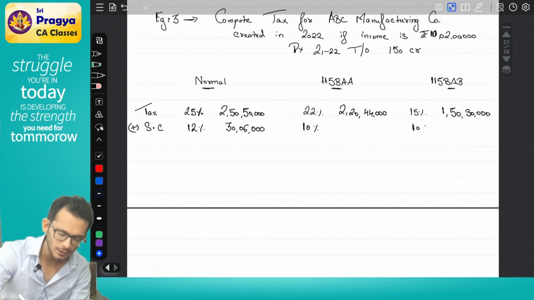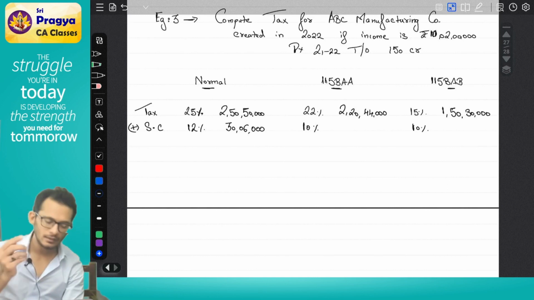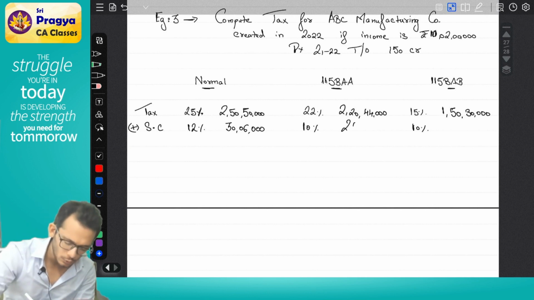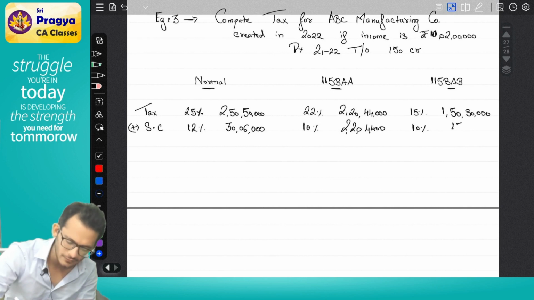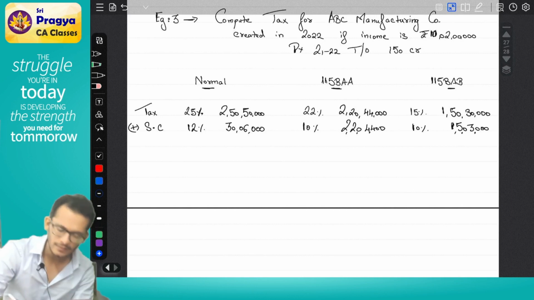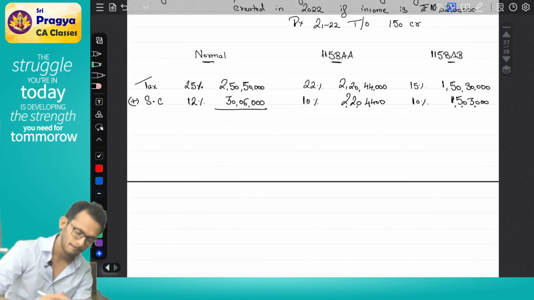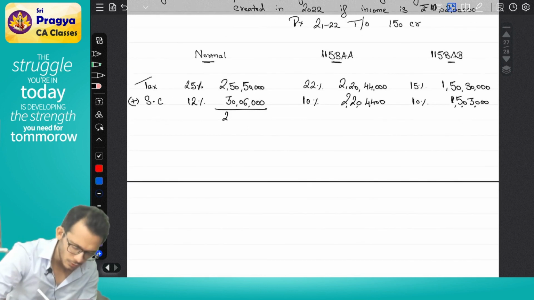Rahul, 10% of what? The tax. Therefore it will be 2,20,440 here, and here it is 1,50,300. Yes or no? Total the numbers. It is 2 crore 80 lakh 56,000.